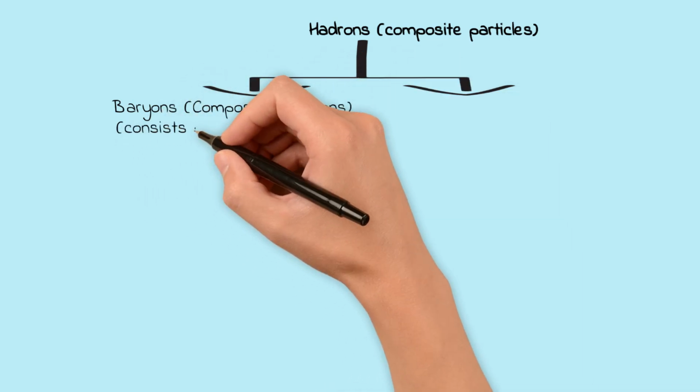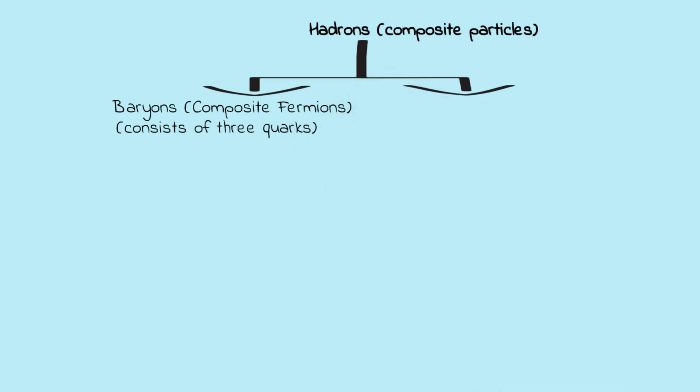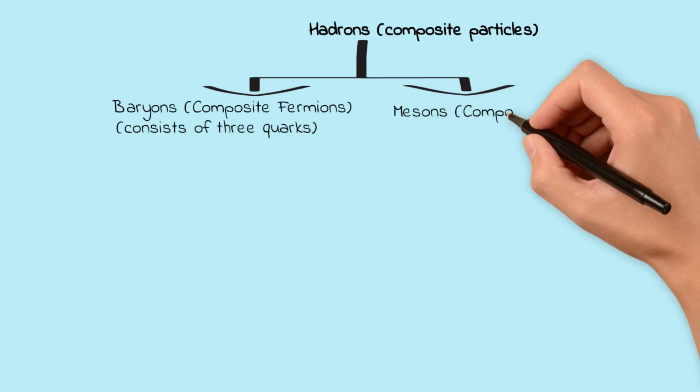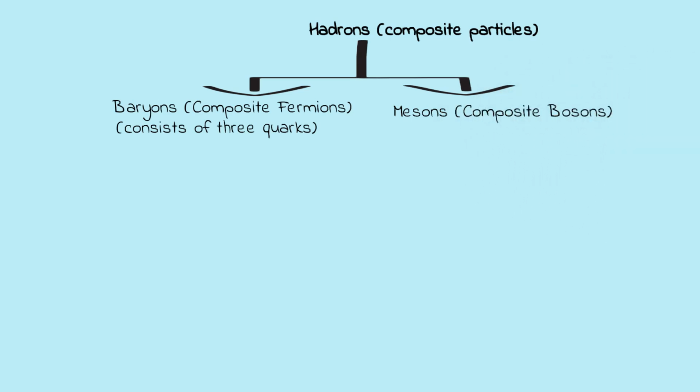And as composites, each baryon is made up of 3 quarks. We have, on the other hand, the mesons, also known as composite bosons, because like the bosons, they have integer spin. Each meson consists of a quark and an antiquark.